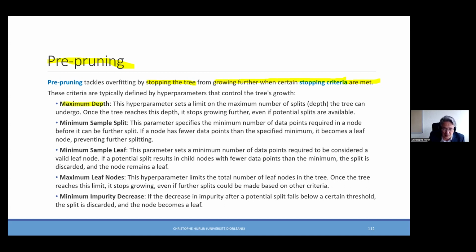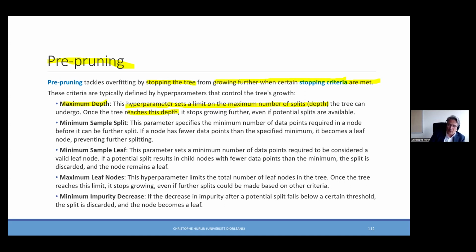And the first is the maximum depth. This is a hyperparameter that sets a limit on the maximum depth of the tree. Once the tree reaches this depth, the algorithm, the binary division of the CART algorithm, stops. Okay?